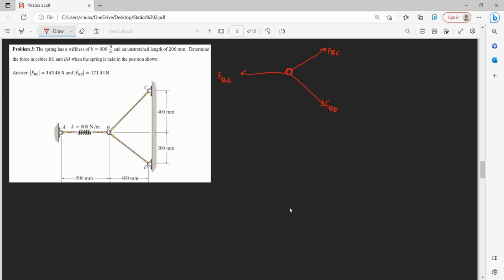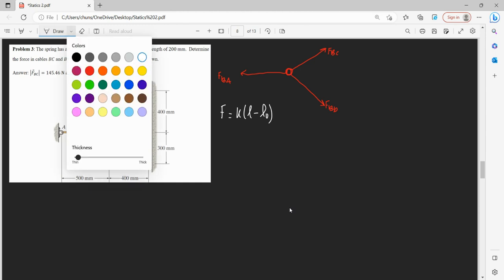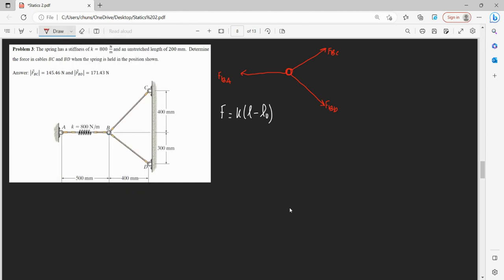So we're going to have to use our equation for force from a spring, which is F equals K times the stretched minus unstretched length. Okay, so what are we given? We are given our spring constant, our unstretched length, and our stretched length.